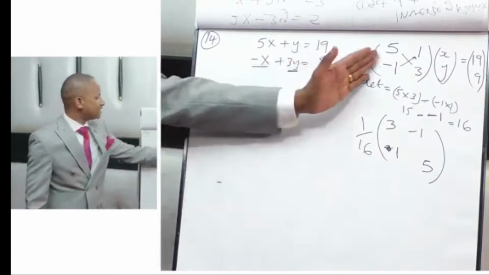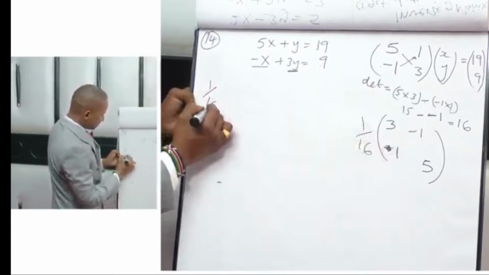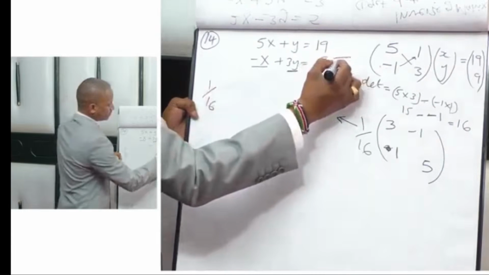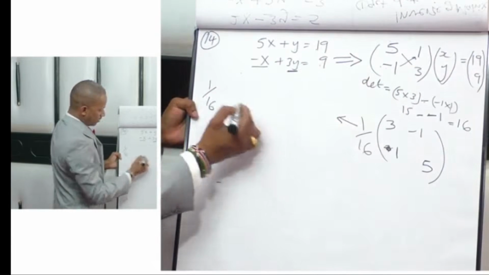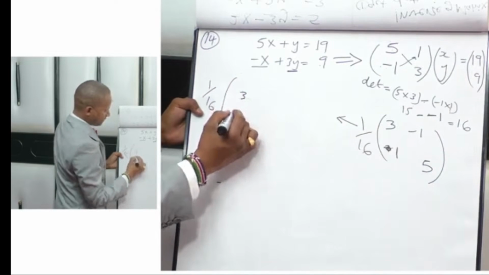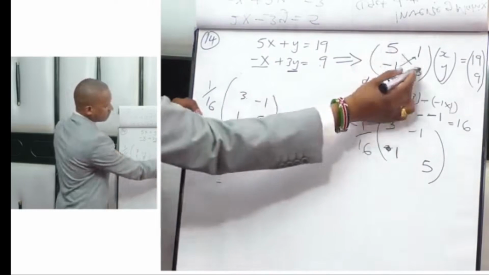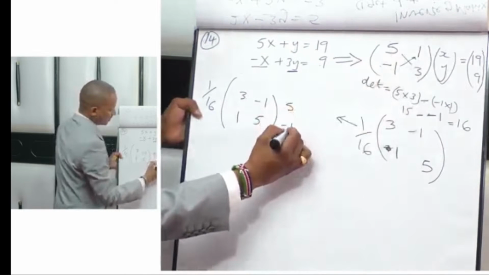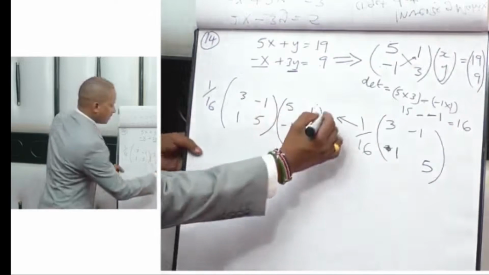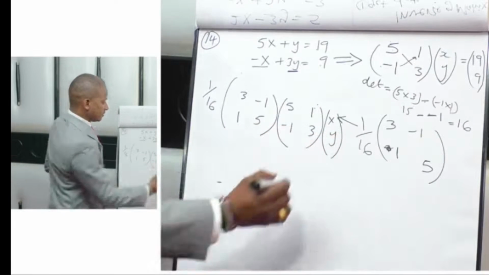Then pre-multiply both sides by this inverse. When you pre-multiply, this becomes 1 over 16, times 3, 1, minus 1, 5, times our matrix 5, minus 1, 1, 3, then x, y.